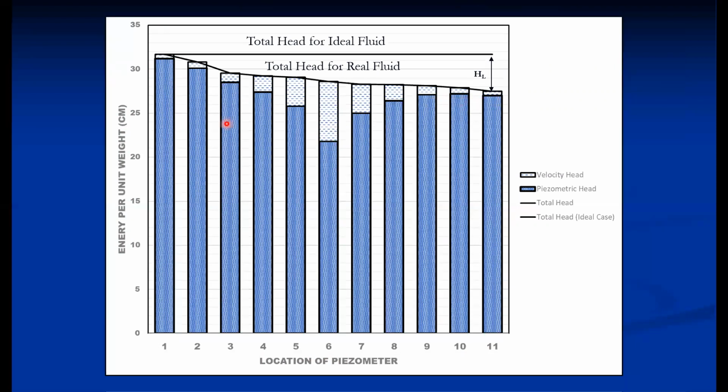The line joining these blue heads is called the hydraulic gradient line. These dotted lines are nothing but the velocity heads.